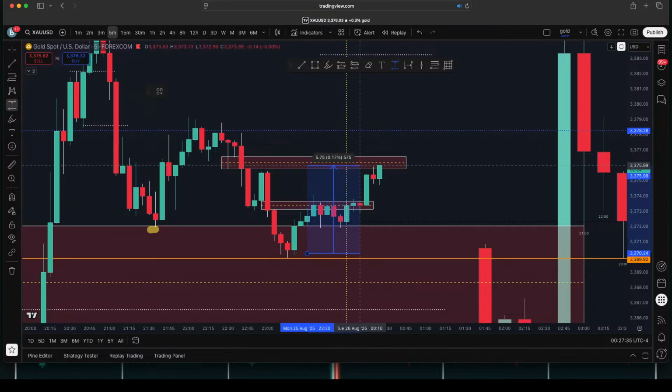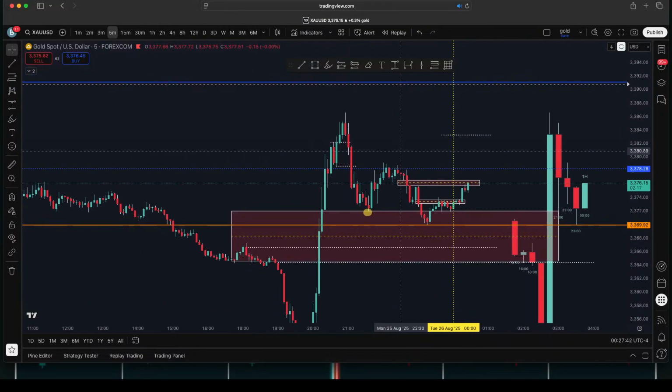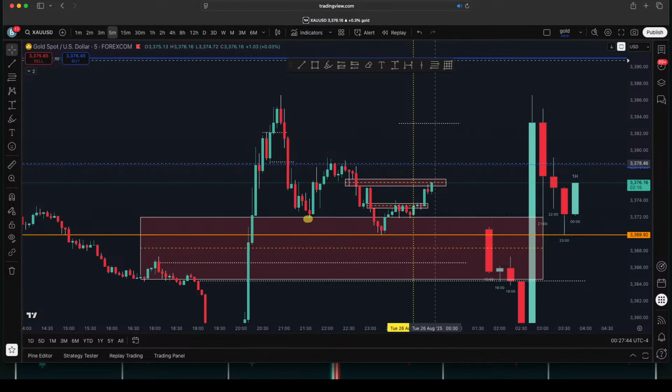And from here to here, it's 50 pips. Oh, that thing is moving now. Okay, so let's see, even up to here maybe. Let's see how that goes.